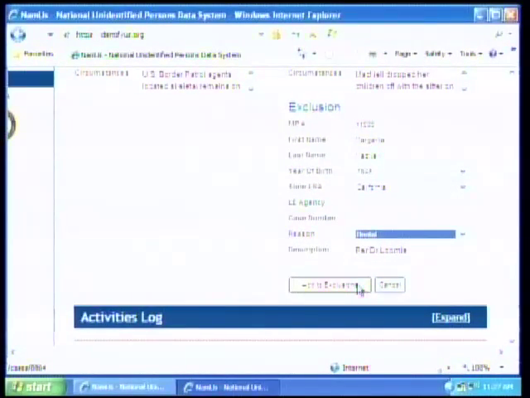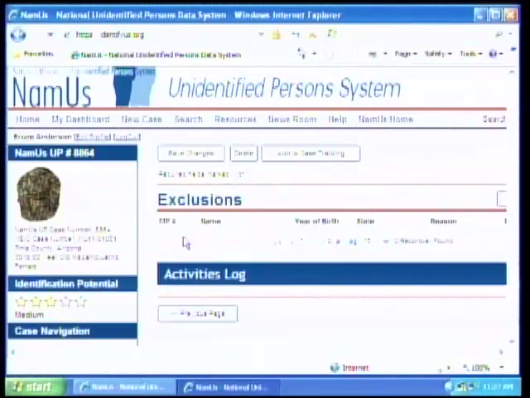But if you did push add to exclusions, you would then find that that particular case would be added to the exclusions for our particular person. Because we didn't push the button and because we've not excluded anybody yet for this particular case out of Arizona, you can see that the exclusions list is empty.